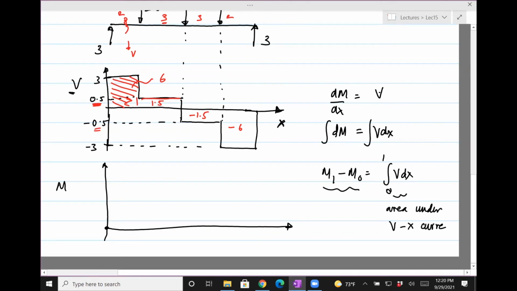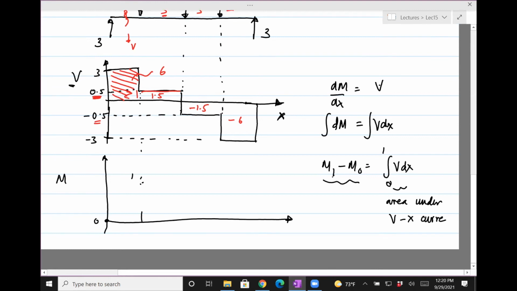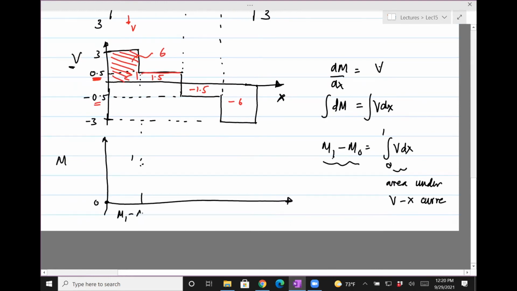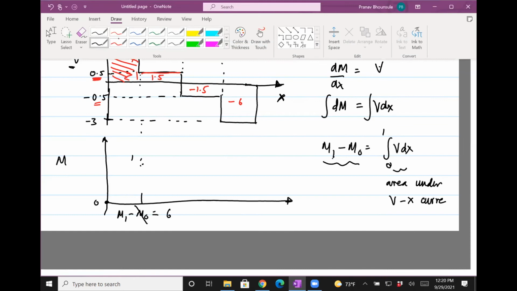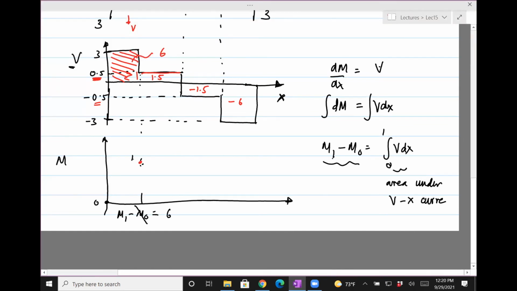And then to find the bending moment at 1, at this point, this is 0, this is 1, so M1 minus M0 equals the area under the curve, so 6. But this is 0, so M1 has to be 6.